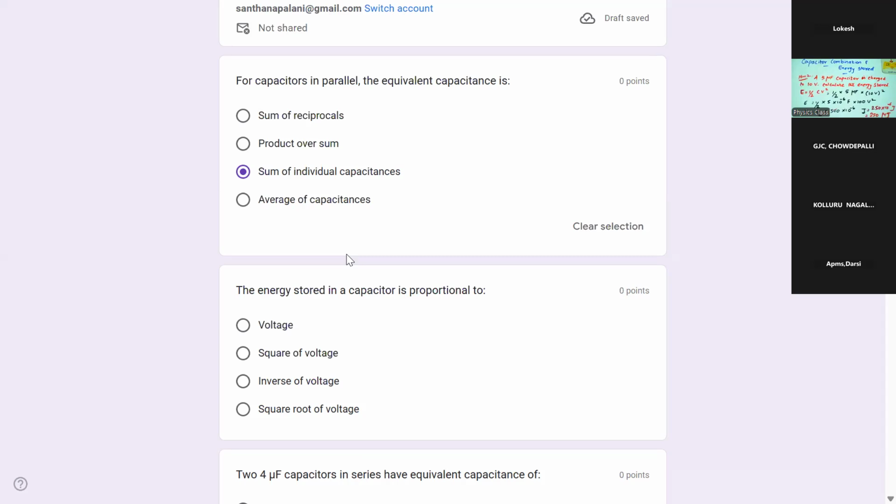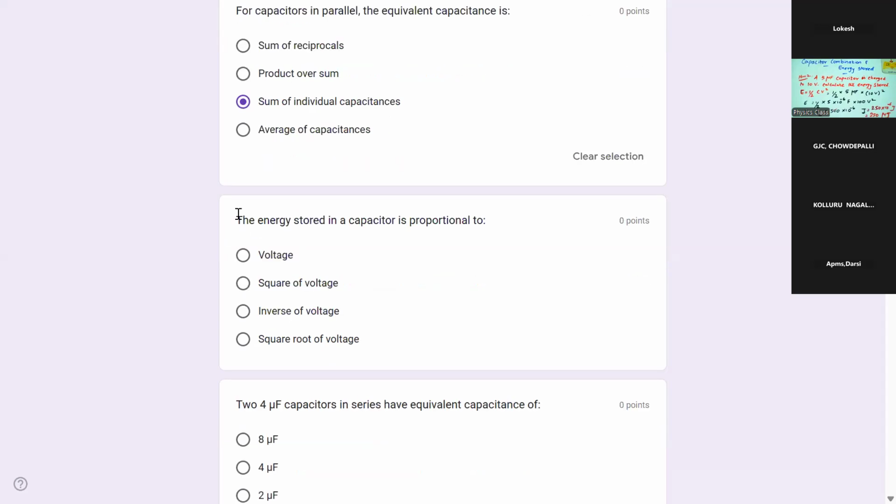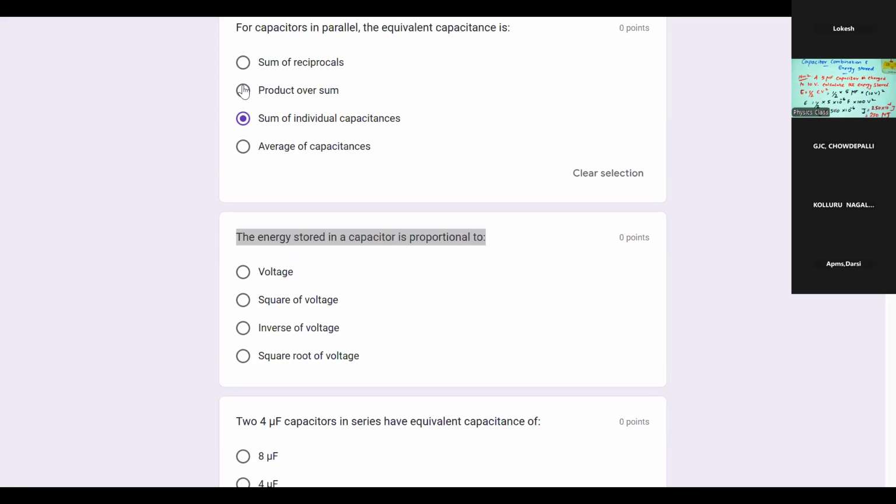Then the next one: the energy stored in a capacitor is proportional to voltage, square of the voltage, inverse of the voltage, or square root of the voltage. Which one is correct? Square root or square? Please look at that.